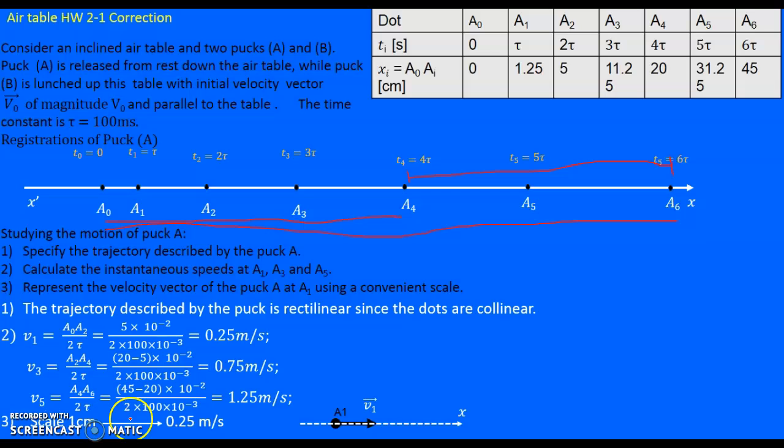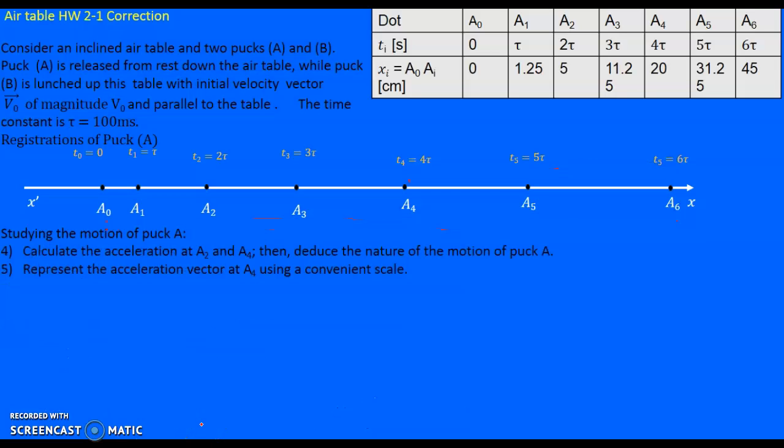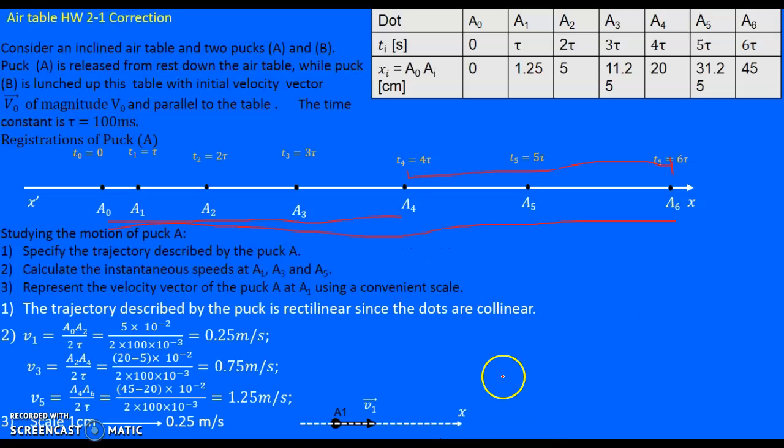If you take the scale 1 centimeter for 0.25 meter per second, and you do cross multiplication, then the length of the vector is going to be 1 centimeter.